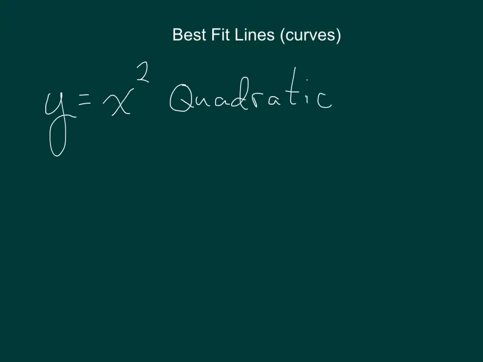First, I want you to recall that y equals x squared is a parabola. It's called a quadratic. And it will have the shape of either this or this, a parabola.